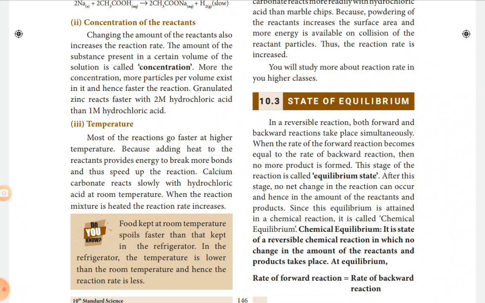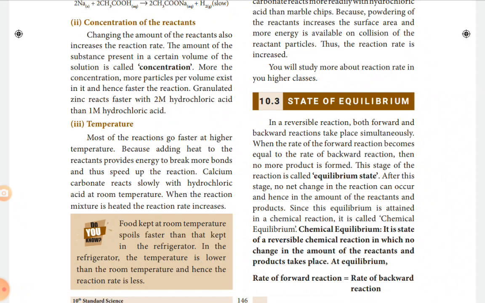Zinc plus hydrochloric acid gives zinc chloride plus hydrogen. Zinc, what is the formula? Zinc Zn, hydrochloric acid HCl gives zinc chloride ZnCl2 plus hydrogen. Hydrogen is a gas, so we have to put an upward arrow mark.